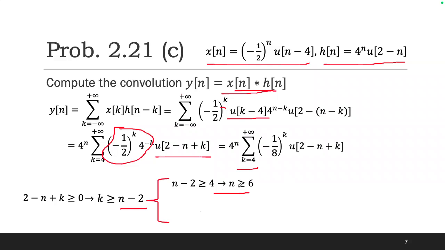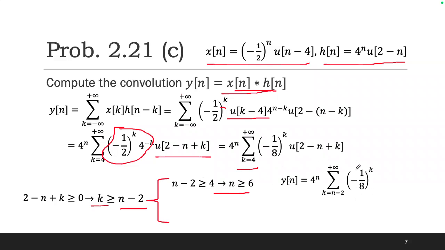Yeah, you are right. For this situation, the lower boundary should be n minus 2, because n minus 2 is the bigger one.